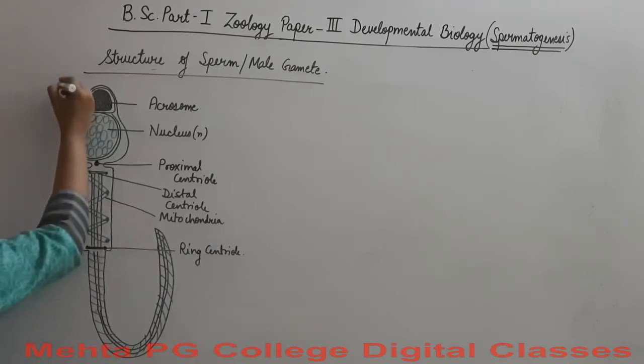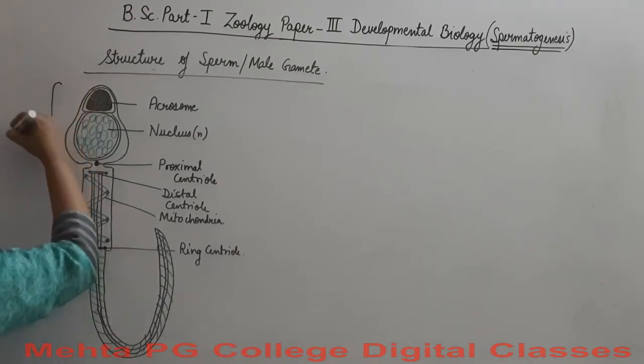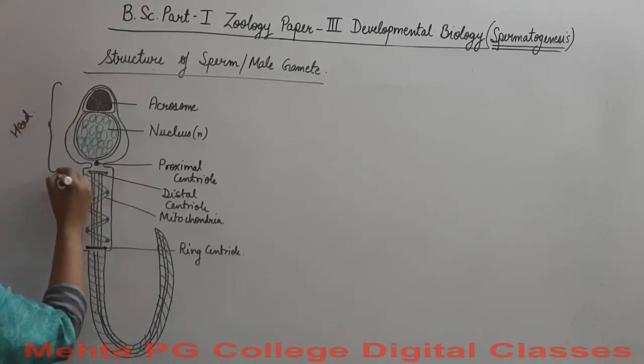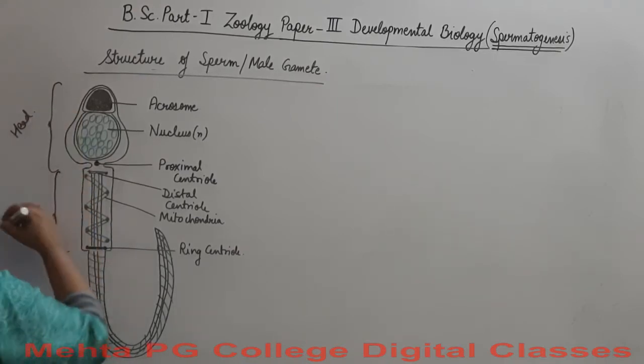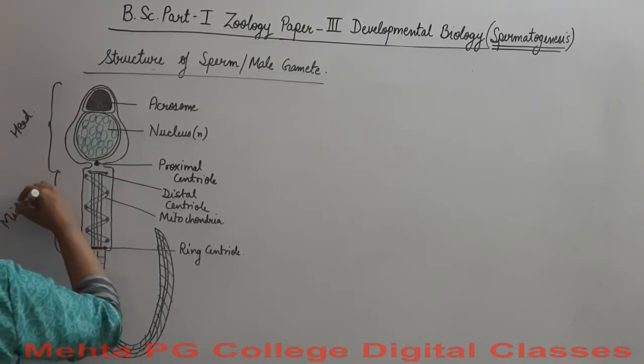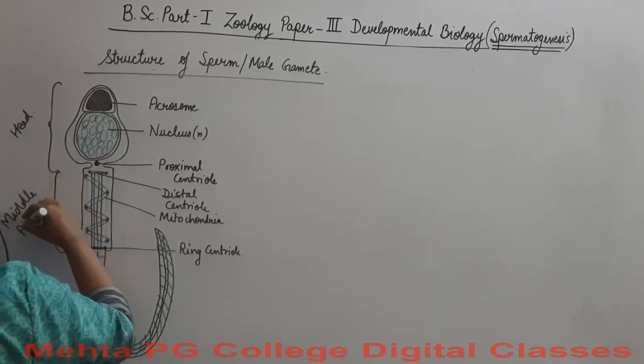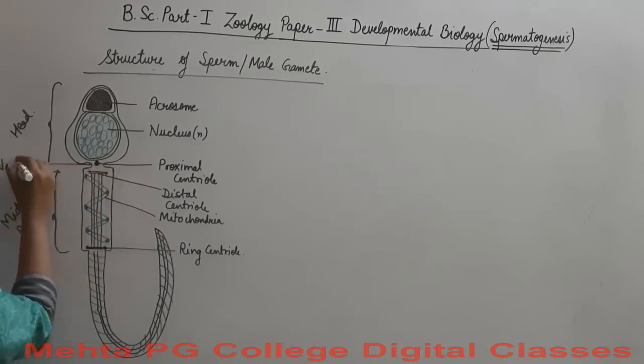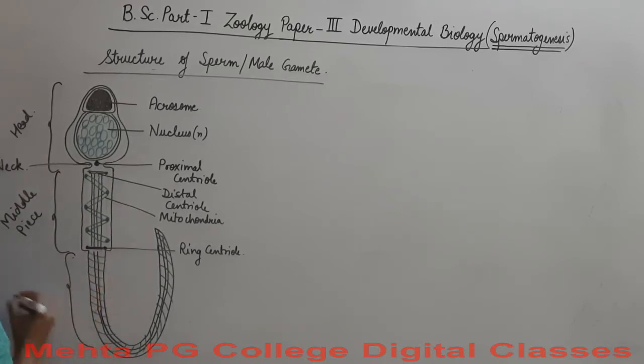When we collectively call this region, it is called the head region. This region is called the middle piece region. Sometimes this region is called the neck region. And we collectively call this region the tail region.